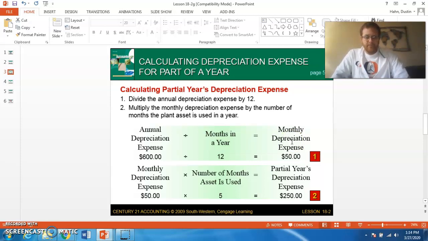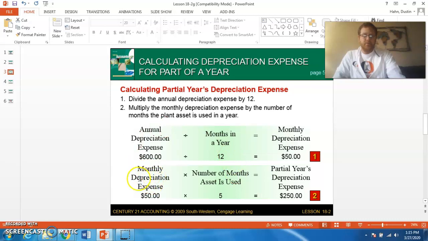Now let's just say it goes bad and we get rid of it at the end of May. We take it to the junkyard. Since we have not covered the full 12 months, we've only covered part of the year, 5 months out of the year. So if we wanted to determine how much depreciation has accumulated in January, February, March, April, and May, those are 5 months.